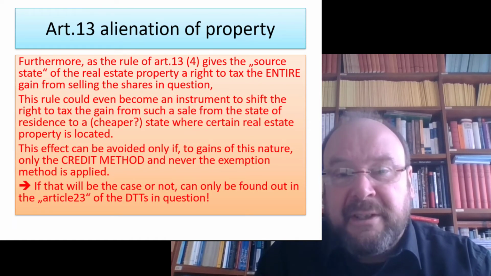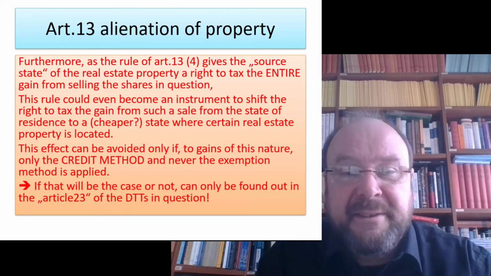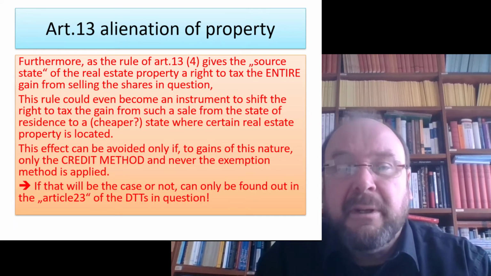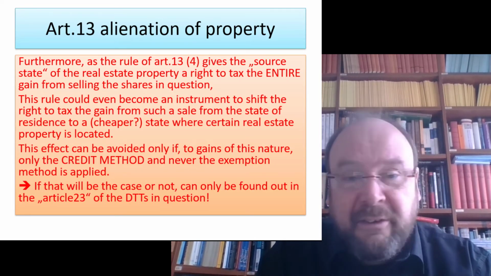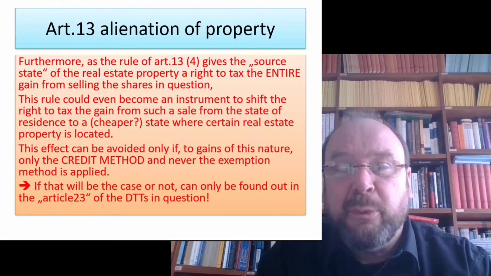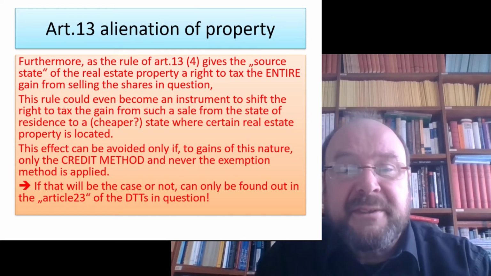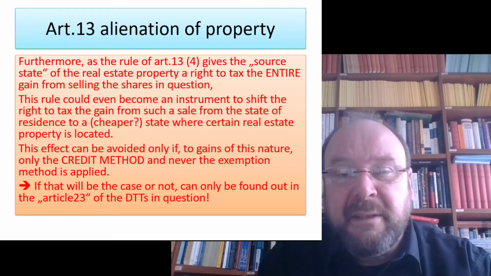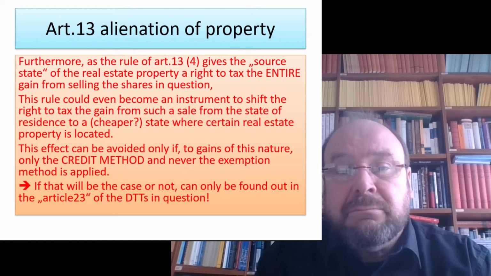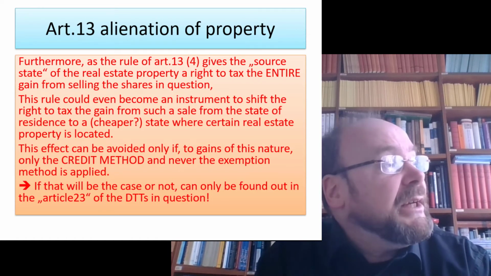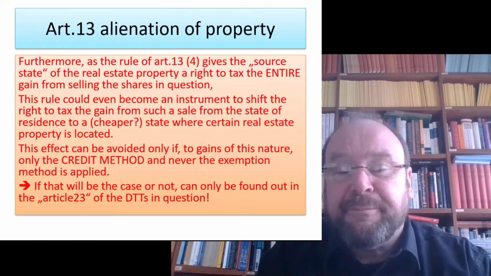So imagine if the country of residence were to react by exemption method, this would also become a means of potential manipulation to change the country which can tax your gain from selling shares to the source country of the real estate property. Would probably in certain constellations be advantageous, so would give rise to tax planning.